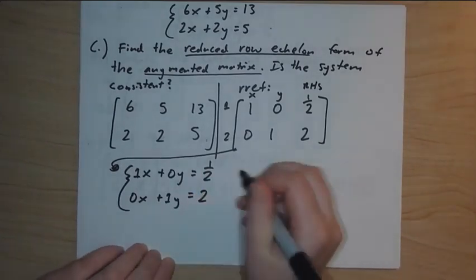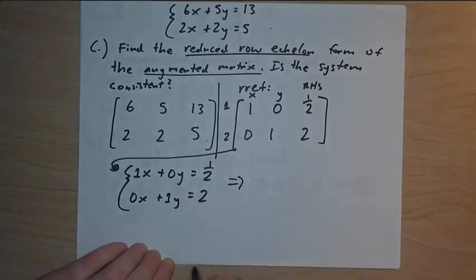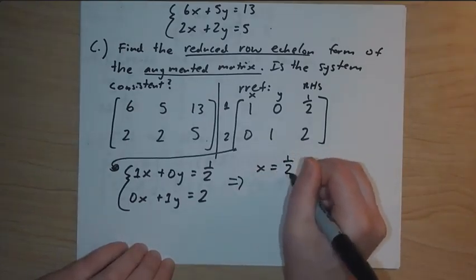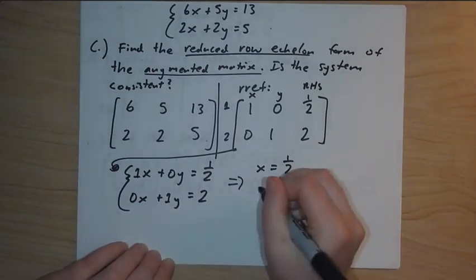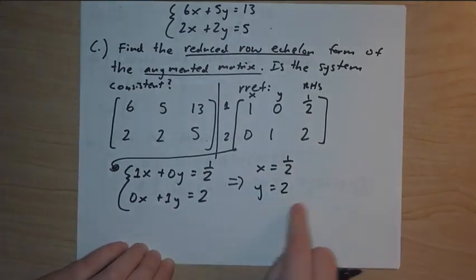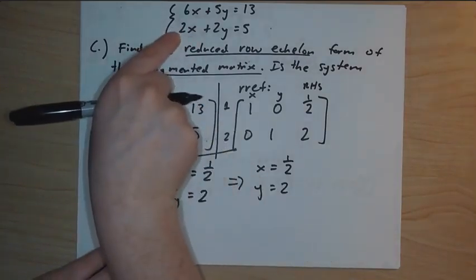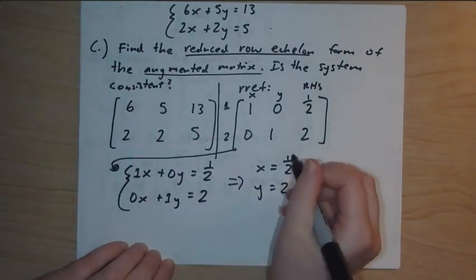So if this is the case, then another way you can simply write it is that x is equal to 1/2, and for the second equation we have y is equal to 2. And this is actually the solution to our system of equations up here. We have x is equal to 1/2 and y is equal to 2.